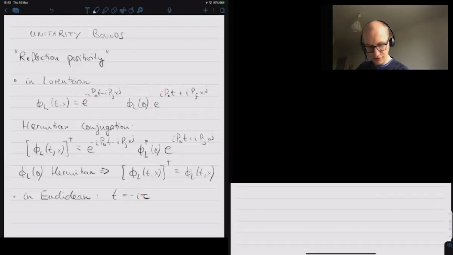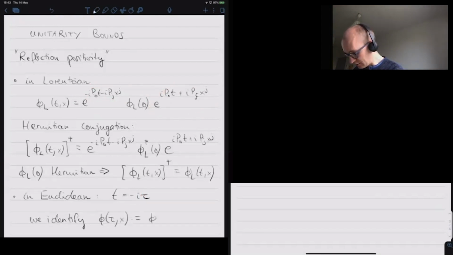So what happens is the following. First of all, we need to identify what our Euclidean operator is. Well, phi of tau and x must be defined to be the Lorentzian operator at i tau of x, right? Notice that I'm just writing it in terms of tau because this is eventually what I want to get to.